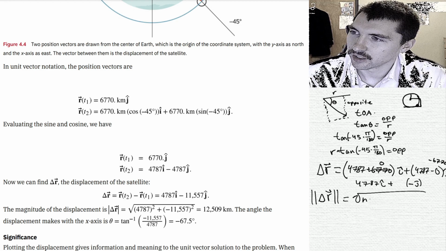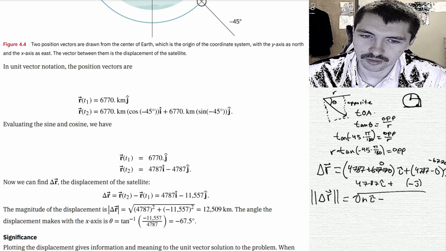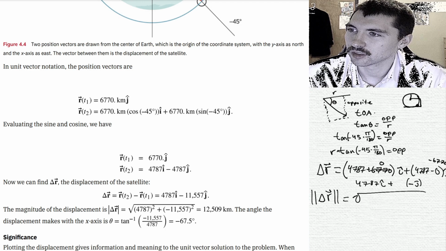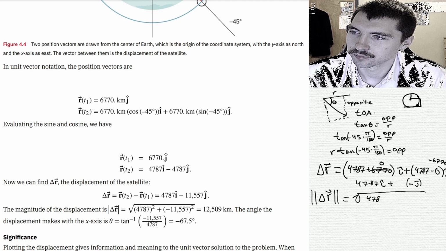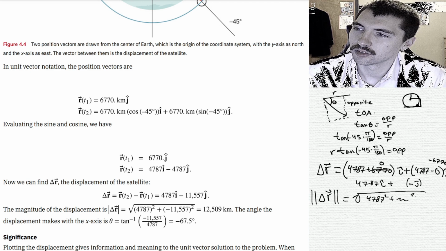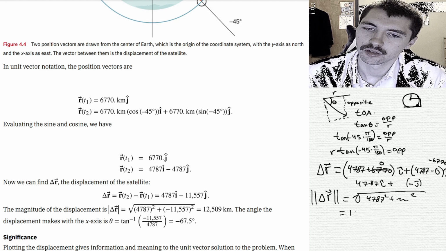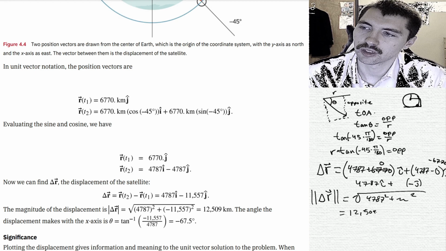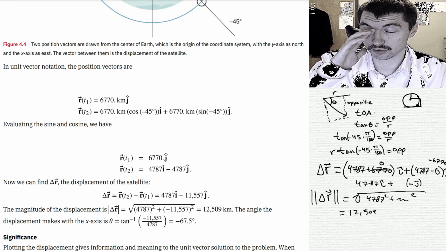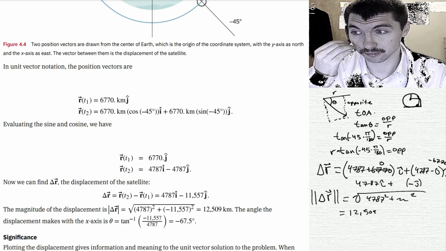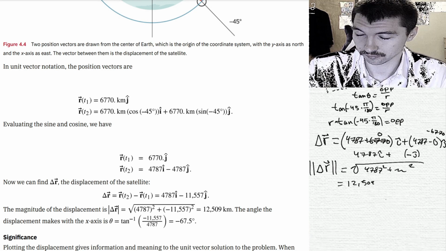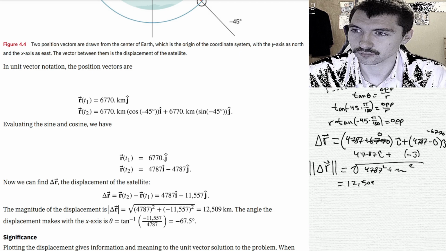I'm just going to write in I hat, something squared is 12,509. So that's just Pythagoras theorem, or the dot, or whatever.